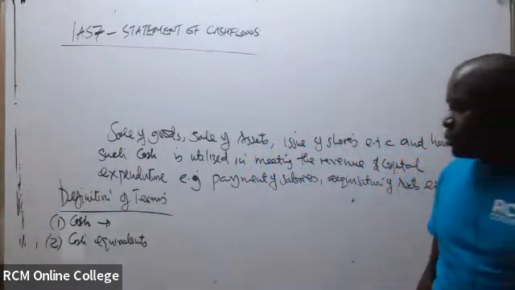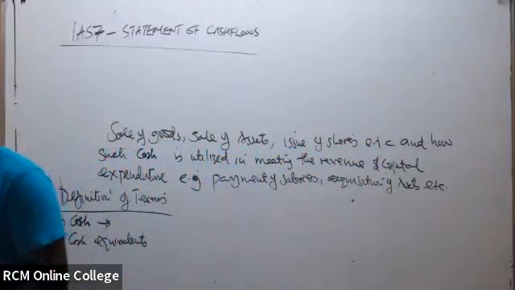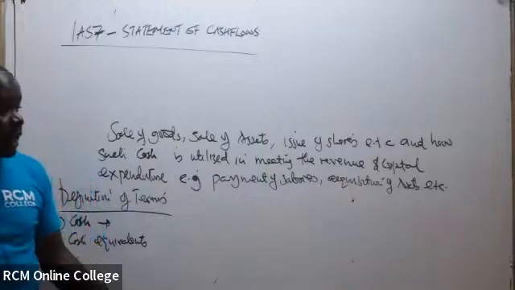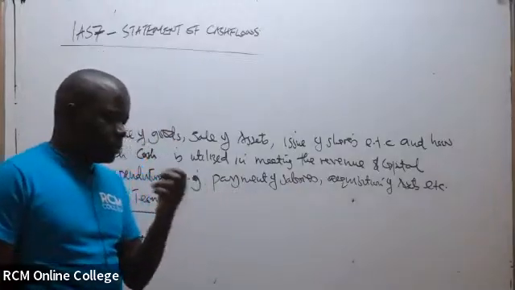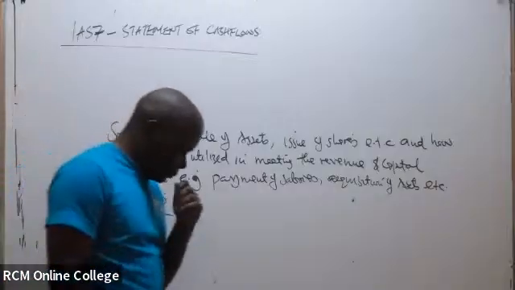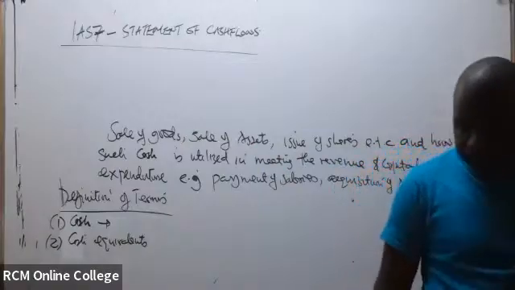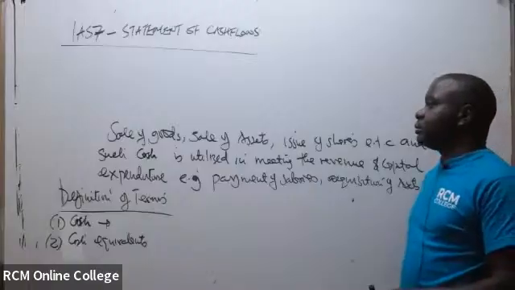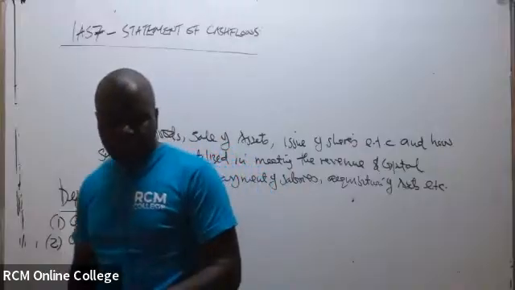So you can give examples: treasury bills and bonds. So that is an example of a cash equivalent.